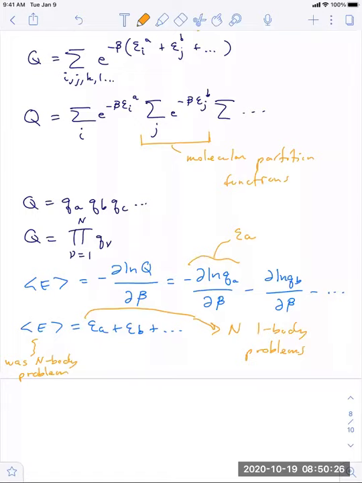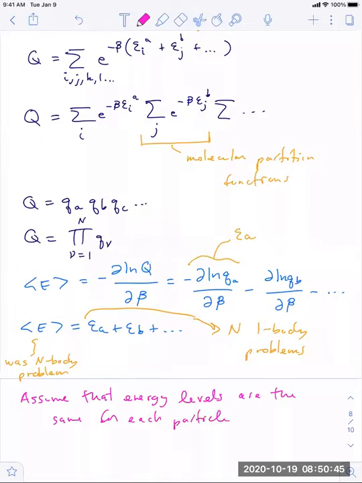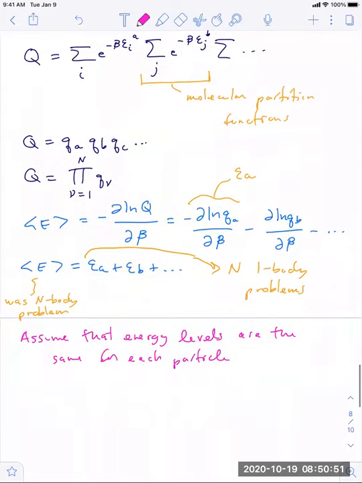Now we can make one more simplifying assumption. If we assume that the energy levels accessible to each particle are the same, that is, q_A has the same form as q_B and so forth, then we can just write that the big partition function over N, V, and T is just equal to the small partition function, which again is now a function of volume and temperature, raised to the n.